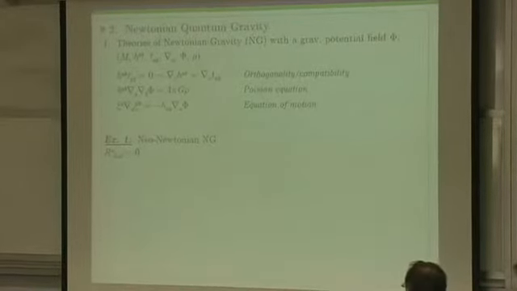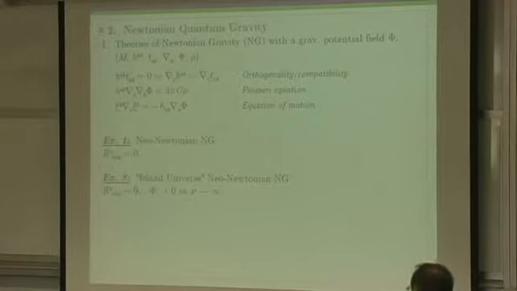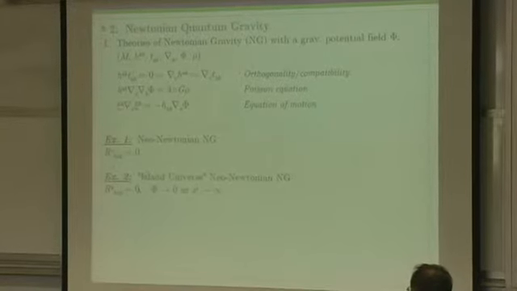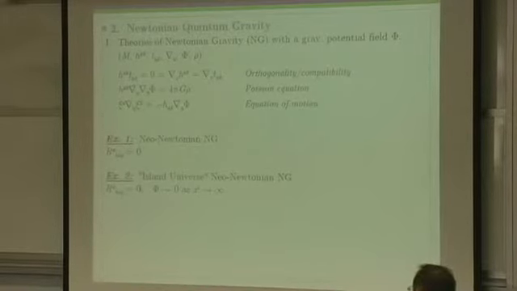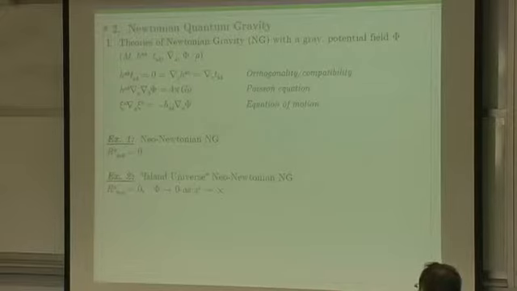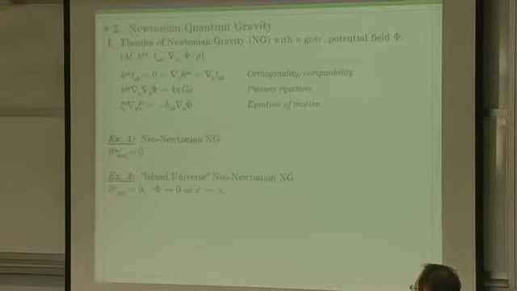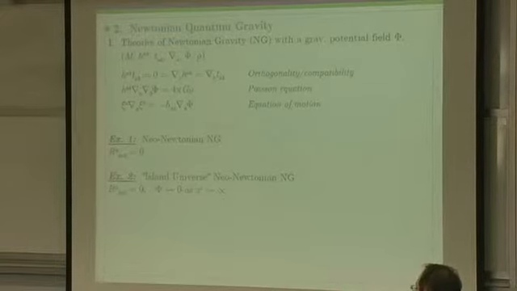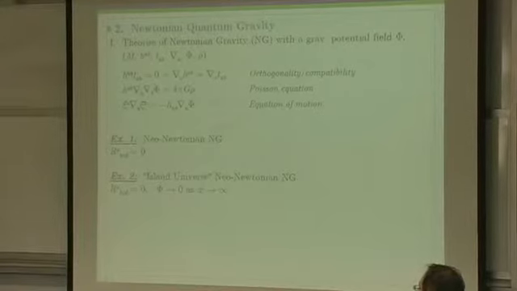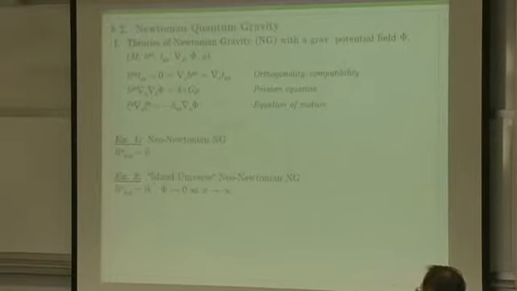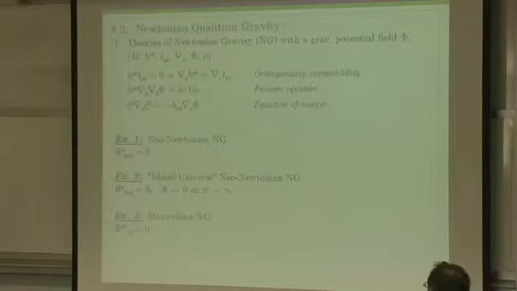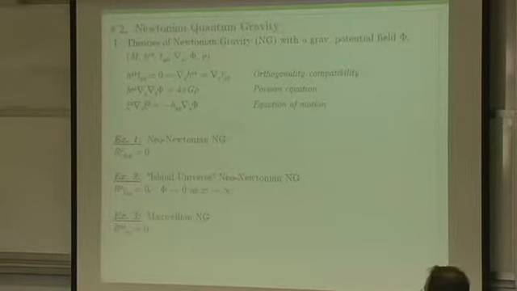Now a second example can be had by imposing a boundary condition on neo-Newtonian gravity that forces the gravitational potential to vanish at spatial infinity. And the result is a concentration of mass in the center of the universe, in what's been referred to as an island universe effect. And finally, a third example is obtained by defining the Newtonian gravitational potential and mass density in Maxwellian spacetime.